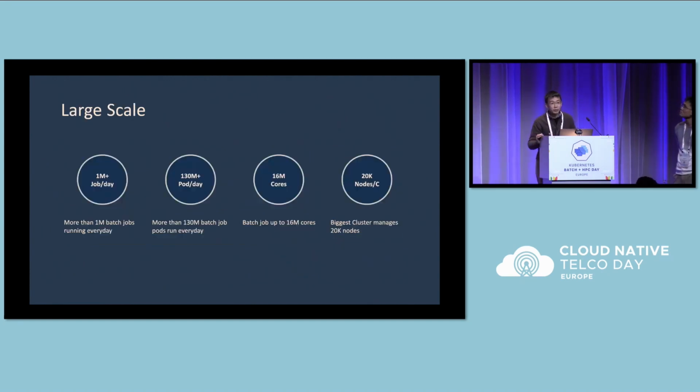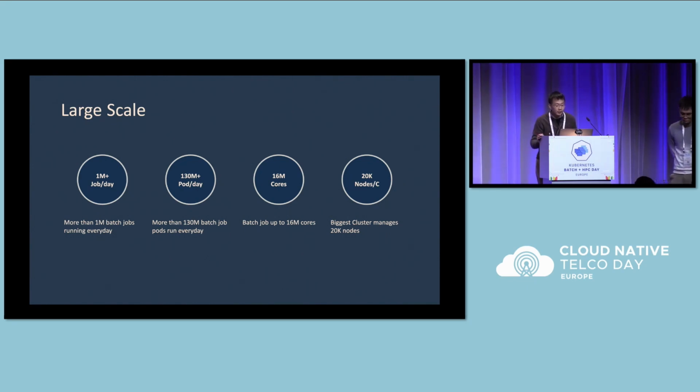This slide, I want to address our large scale. Today, we have more than 1 million jobs running every day. This is just for the batch jobs. Since batch jobs, especially Spark, create a lot of pods, we have more than 130 million pods created, scheduled, and deleted every day, which is a big challenge for the scheduling performance.